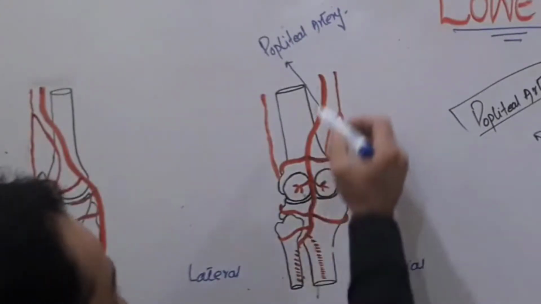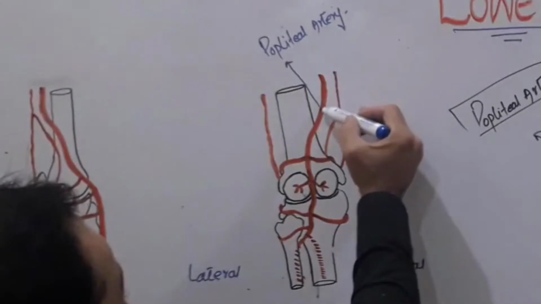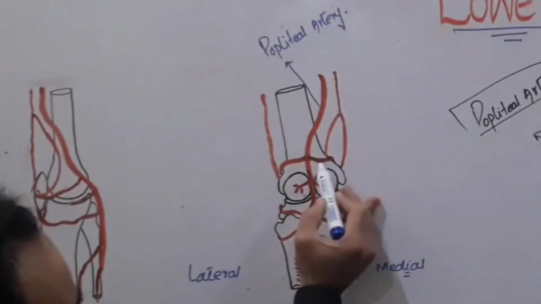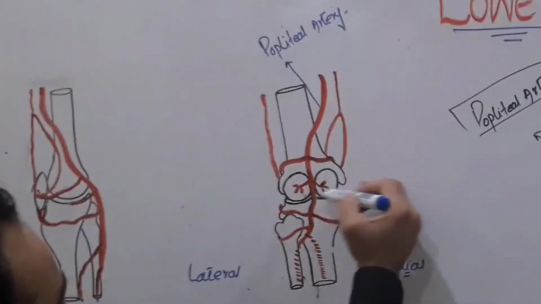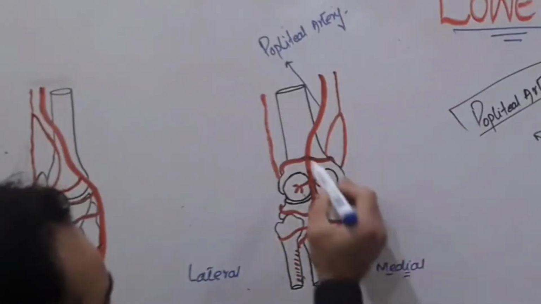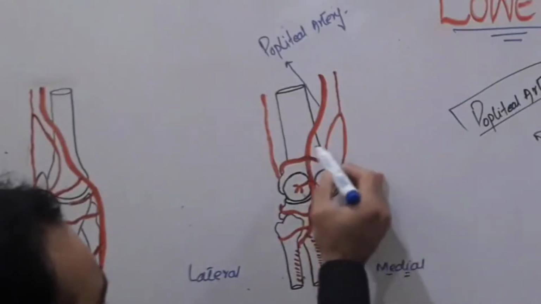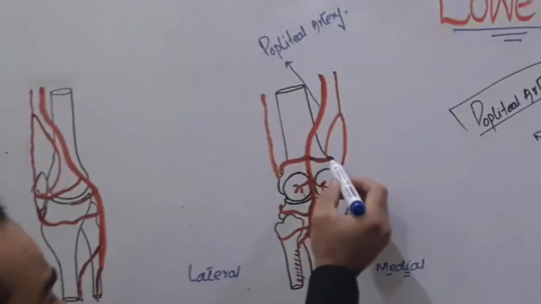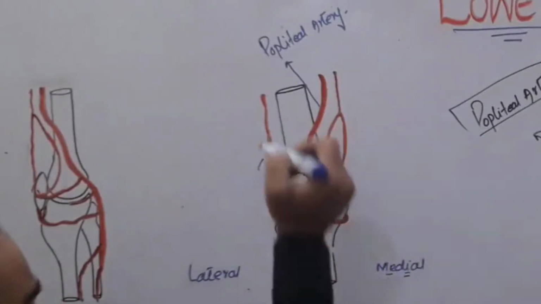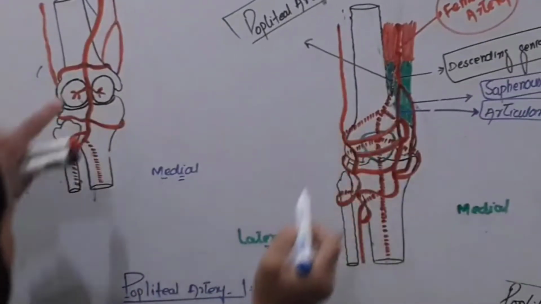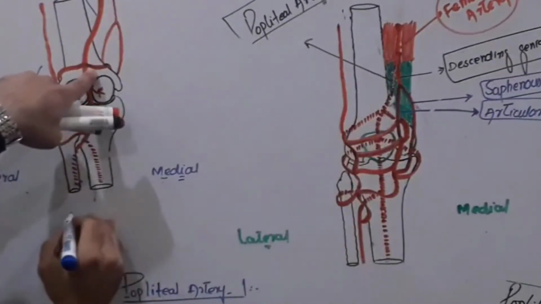Look carefully. The popliteal artery goes to the popliteal fossa and gives the first branch, this one, which is present superior to this knee joint. We call it superior. Then it is going medially, that's why we call it the superior medial genicular artery. This one is superior medial, which is present medially. Now look here, this is our medial aspect. This artery arises in the posterior, this is the posterior view.